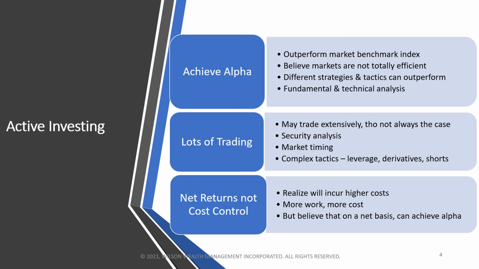An example of this would be, let's say our benchmark for both active and passive is the S&P 500. Last year, we'll say it returned 10% for the year. Now, a passive strategy is going to replicate the S&P 500. And because all you're doing is replicating, it'll be very low cost. We'll say 10 basis points, 0.1%.